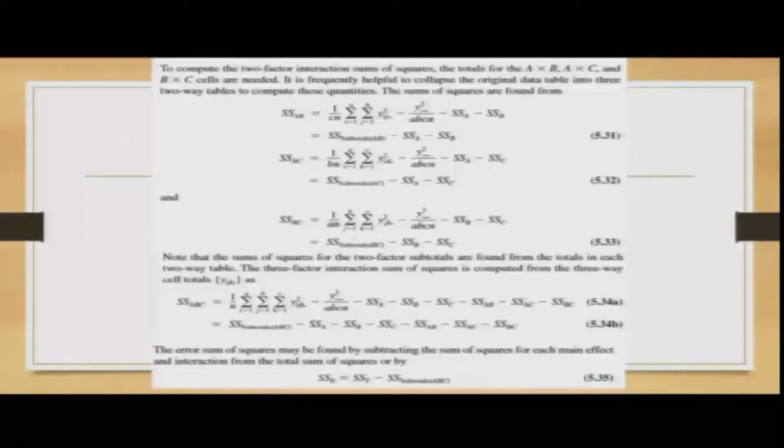So, let me continue. The sum of the squares can be found out, as I mentioned, is to collapse the original data into three two-way tables rather than combining them as the matrix. So, here the sum of the squares would be AB, that is the combined effect of A and B. If I extend it, it will be y square.